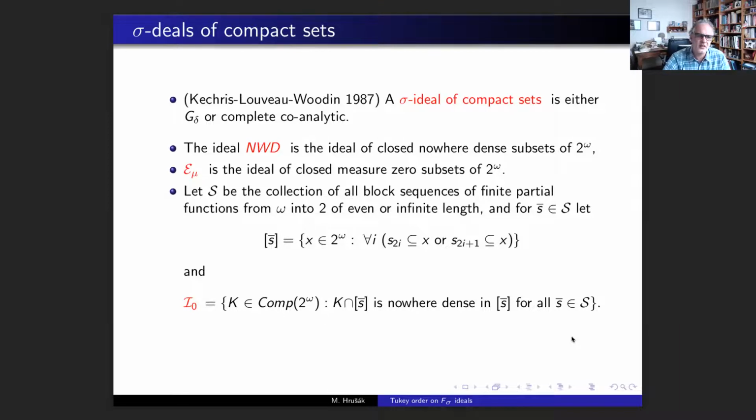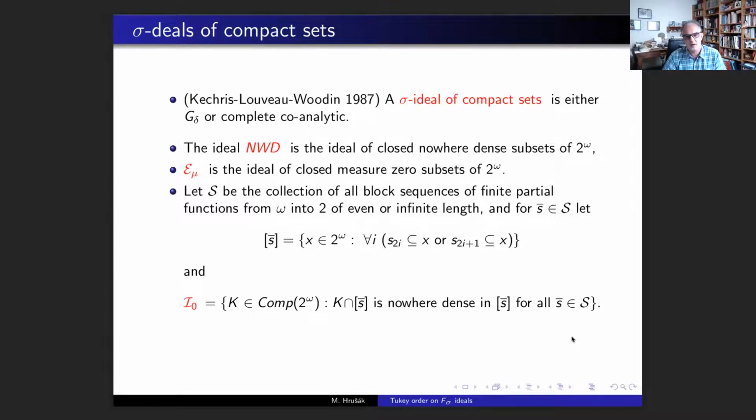The other class of examples is sigma ideals of compact sets. I didn't write the definition because it's roughly the same thing, only you add compact. So we are now not on omega, but on some Polish space, and we look at compact sets.